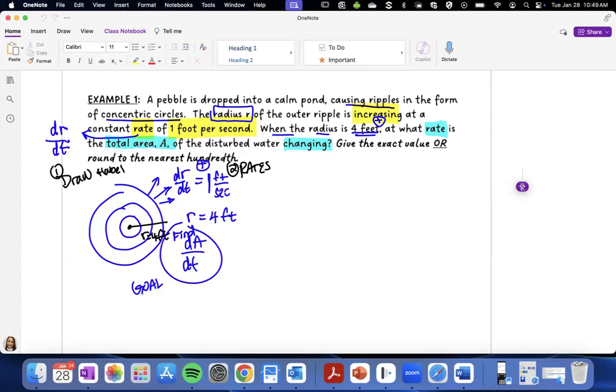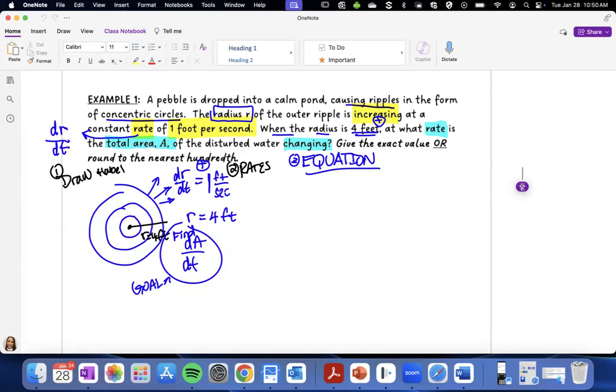So for DREDS, we did draw a diagram, we did rates. Now it's time to think about an equation that relates all these variables, these related rates. Normally we're going to have to think back to some geometry equation. What geometry equation do you know that might relate radius and area?